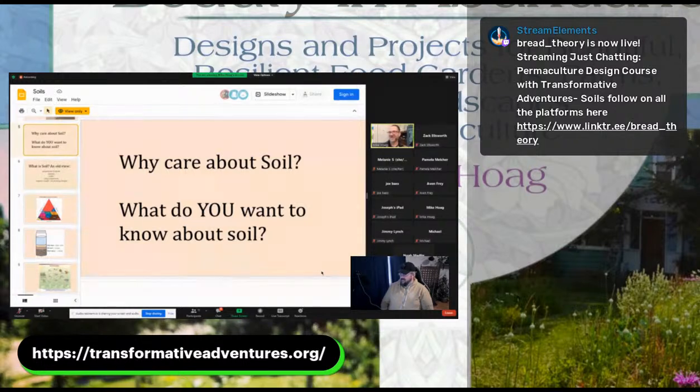So this is some of the reasons that we care about it. Zach here says 80% of plants have a relationship with fungi, which can be killed by biocides and tilling too. Yes. So the fungi and bacteria really do a great job of keeping the soil alive.